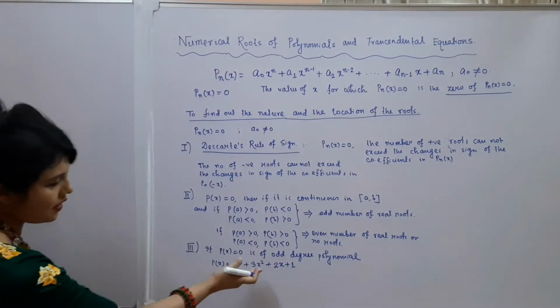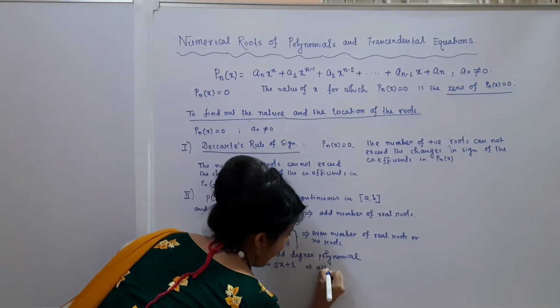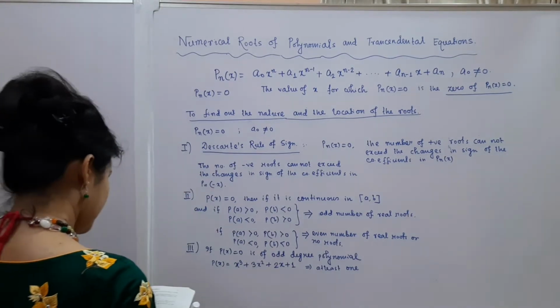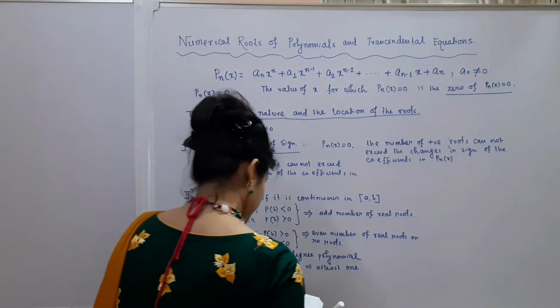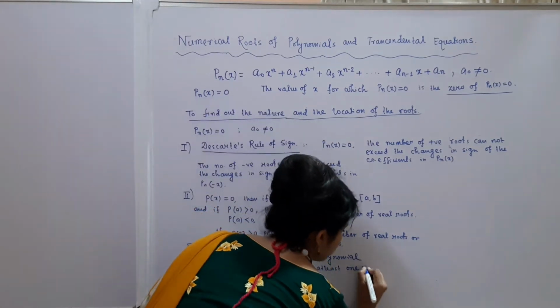This is an odd degree polynomial, so it should have at least one real root.